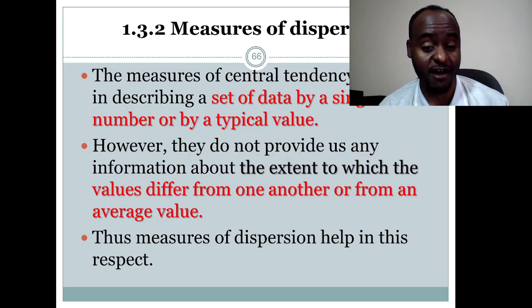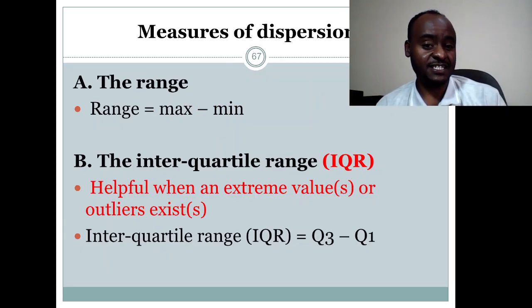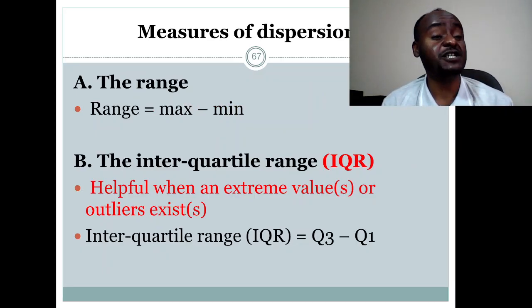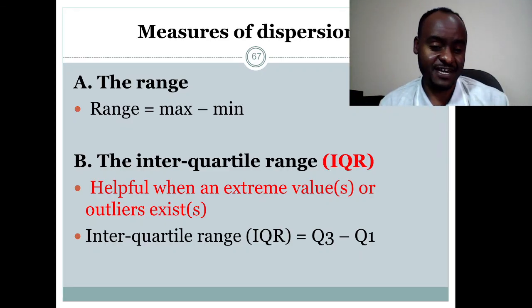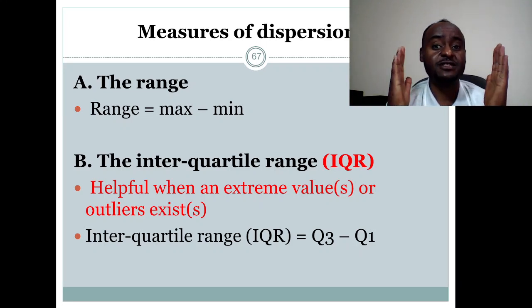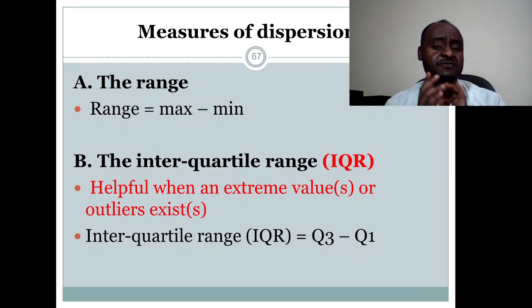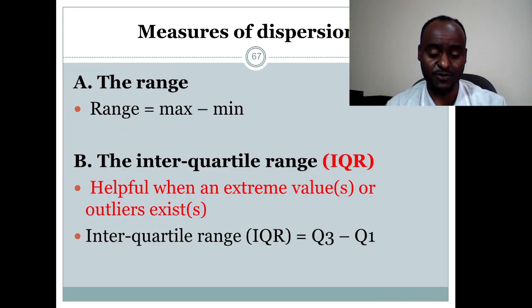So we are going to see the indicators or the variables that we use to measure this dispersion, this variation, this spread, right? One of the indicators that we use for the measure of dispersion is the range. Range is the difference between the maximum and the minimum. In our data sets, we can get the maximum and the minimum, right? That is obvious. The difference between the maximum and the minimum is the first initial indicator that helps us to see the variation of our data points.